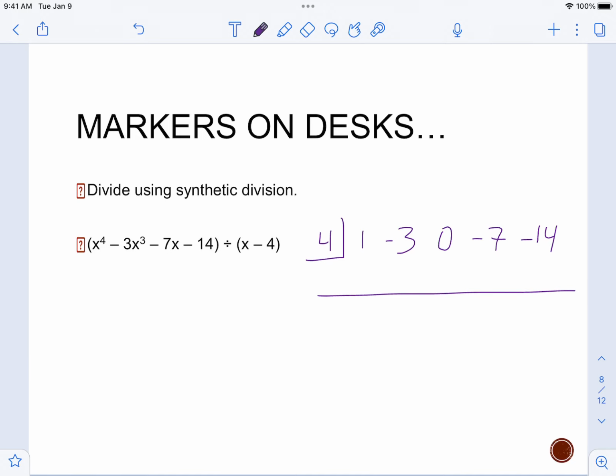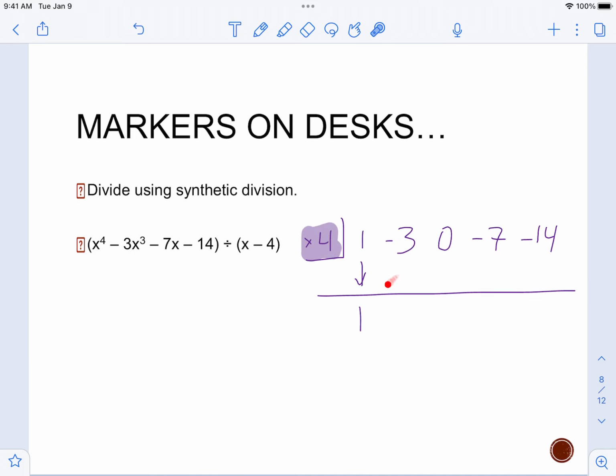Our synthetic division steps. That first number is going to move down below the line. And then everything is going to get multiplied by the 4 to move from beneath the line to above the line. So 1 times 4 is going to be positive 4. Then we're going to add these two. Negative 3 plus 4 is positive 1.